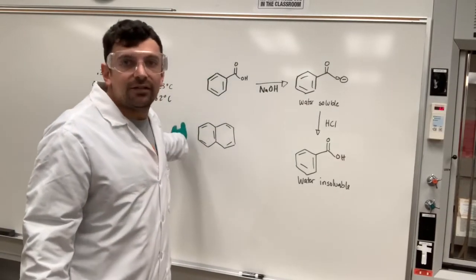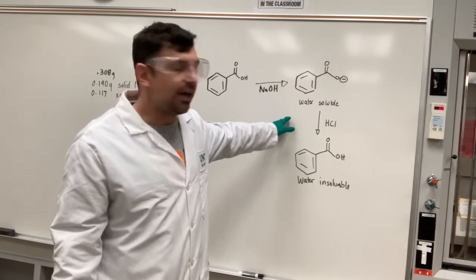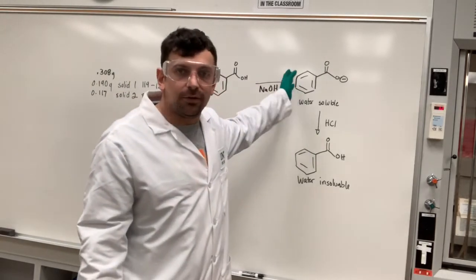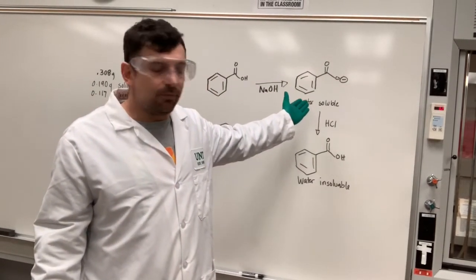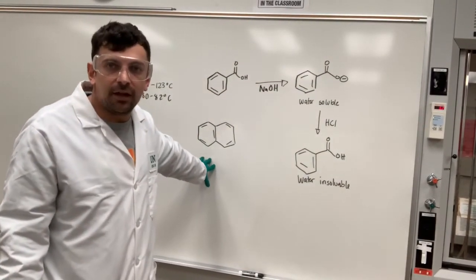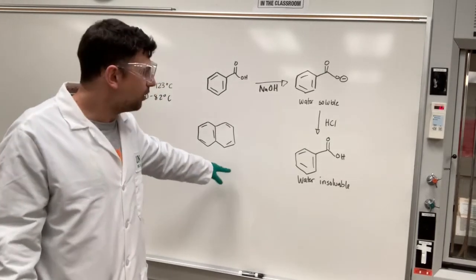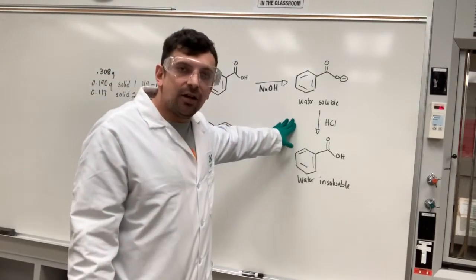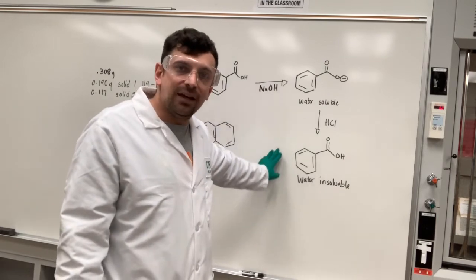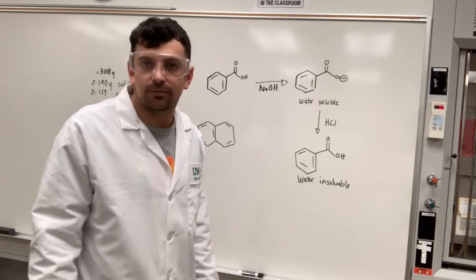Hey guys, so just to review everything that we've done today, we had a binary mixture of benzoic acid and naphthalene. When we introduced the benzoic acid to sodium hydroxide, we created a water-soluble version that has a carboxylate. Then we removed the organic layer of the diethyl ether that contained the naphthalene and transferred it to another container. Then, in the container containing the benzoic acid, we acidified it to make it water insoluble, and we collected it over a filter frit.